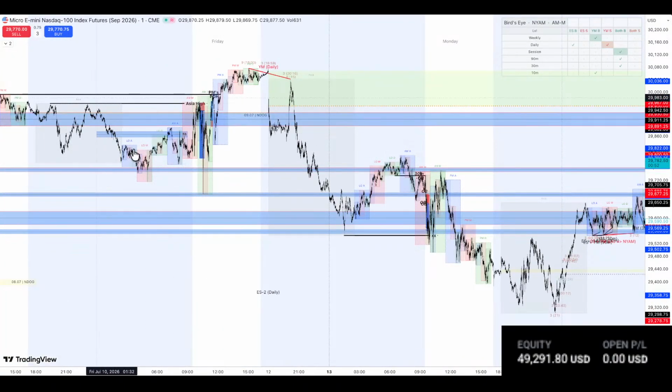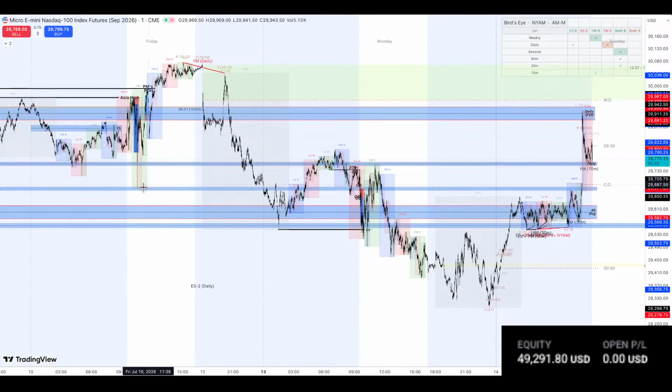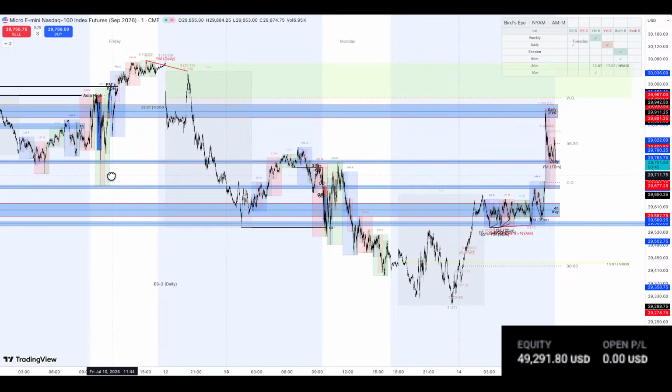It was pretty much in consolidation, and as you can see, price broke this low below here, and price continued to go down.